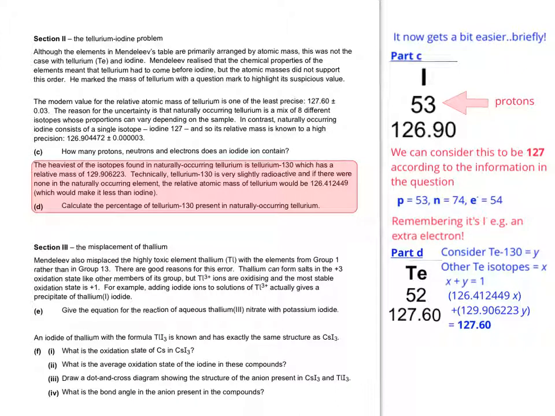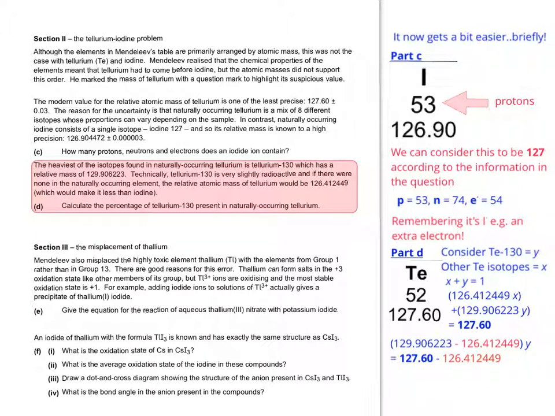So the 126.412449 can represent all the other tellurium isotopes, the fraction of the naturally occurring tellurium that they represent. So you multiply that by X. Now the tellurium-130, you multiply that by Y, and you add those two terms together to give you 127.60. So now we have an expression that will allow us to work out X and Y.